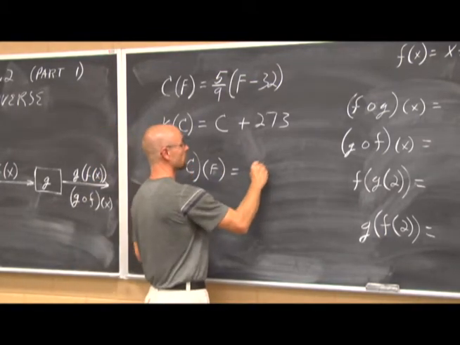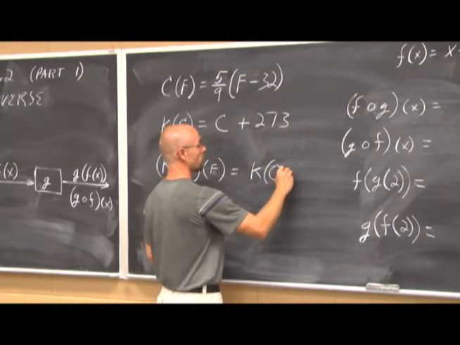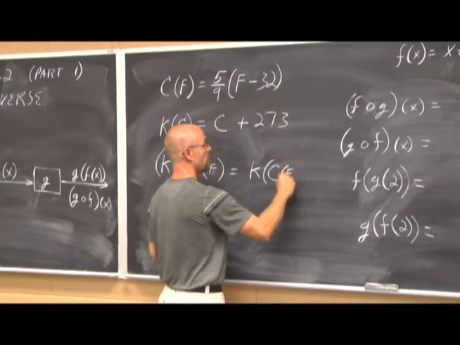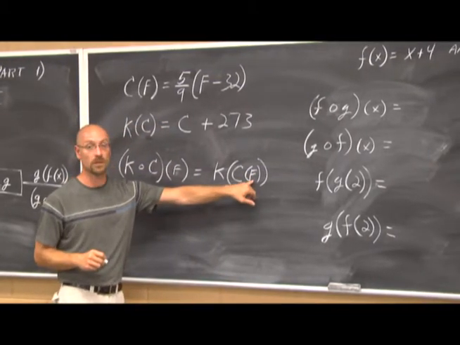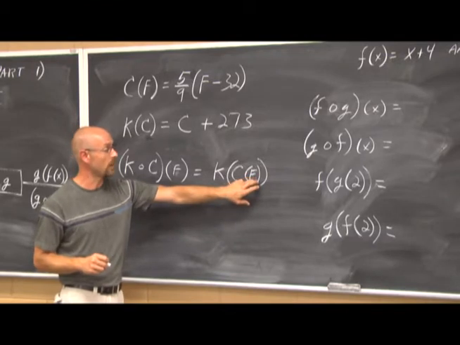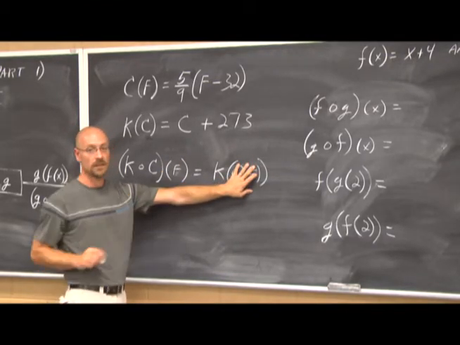Another way to write that is the Kelvin function composed with the Celsius function, which its input is f. So I evaluate it for f, and then I take this whole value and evaluate it in k.